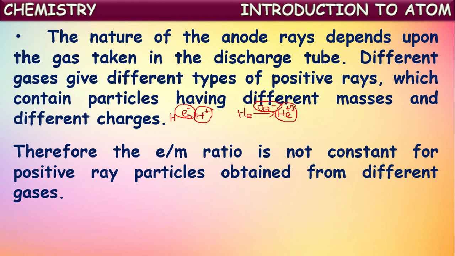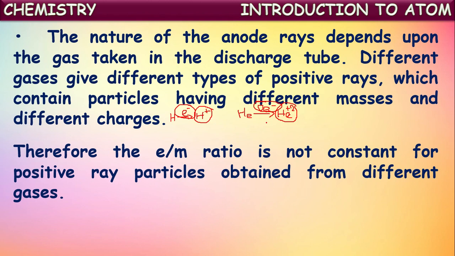The e by m ratio, meaning charge to mass ratio, is not constant for the positive ray particles obtained from these different gases. So the e by m ratio for one gas will be different from the e by m ratio of another. It depends upon the gas taken in the discharge tube. That's the only difference from the cathode rays.